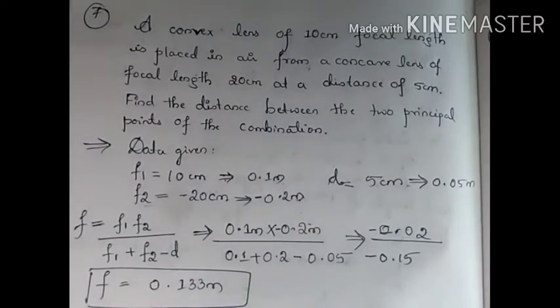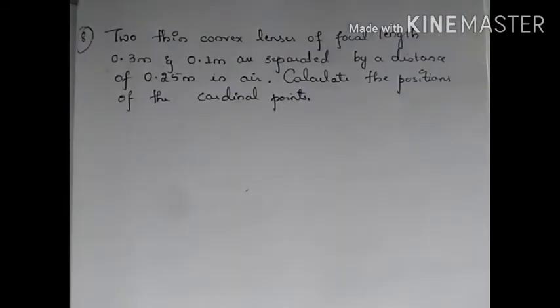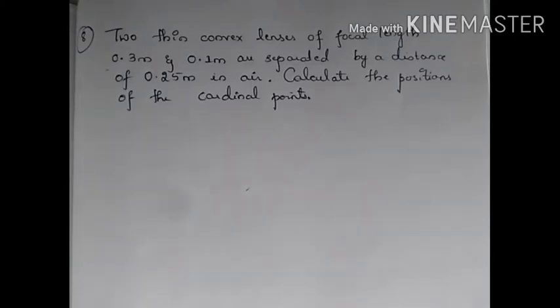So now let us understand the next question, which is again given in your textbook. The next question here is: two thin convex lenses of focal length 0.3 meters and 0.1 meters are separated by a distance of 0.25 meters in air.